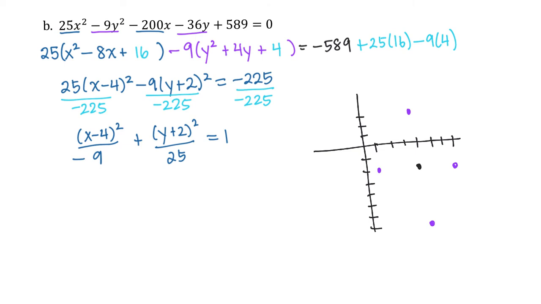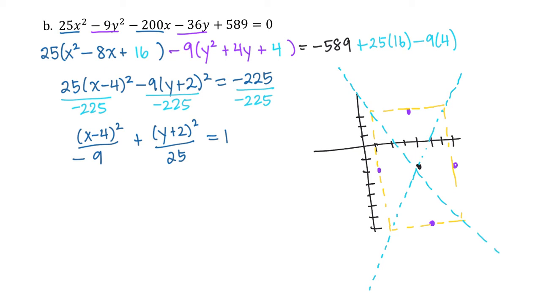So I did my x radius as 3, my y radius as 5, and I'm going to go ahead and create the box to guide my asymptotes. Make sure your asymptotes are longer than the box because they need to guide the hyperbola outside the box, not inside the rectangle.